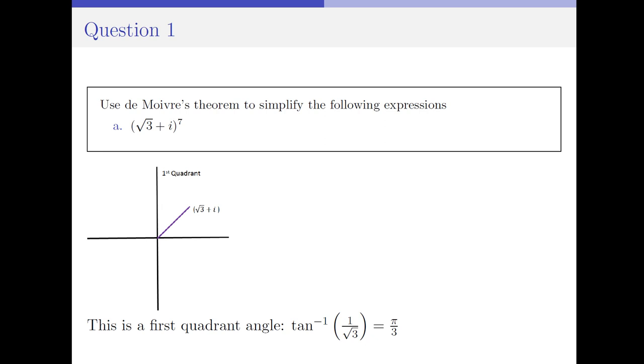If you're struggling with radians, you might want to do inverse tan of 1 over the square root of 3 in degrees, and that'll come out as 30. Then in your head, convert that to radians, because remember, we're not allowed to write any degrees on the exam script. That's how you would get round that in the examination.